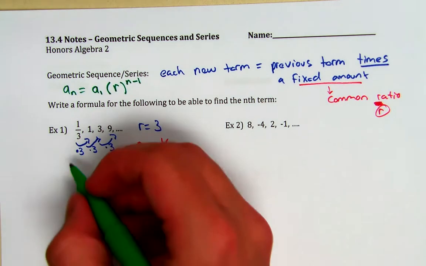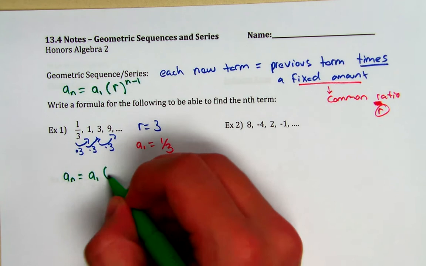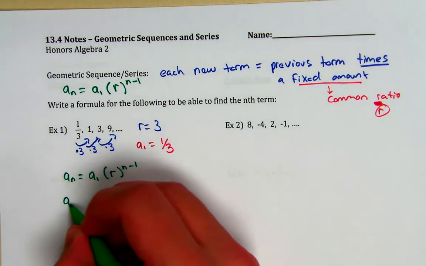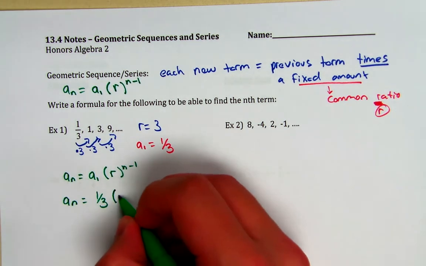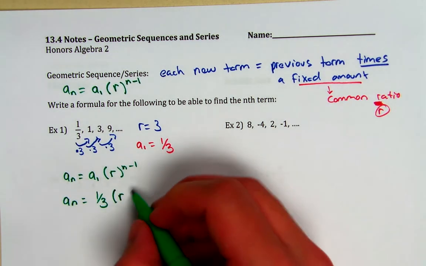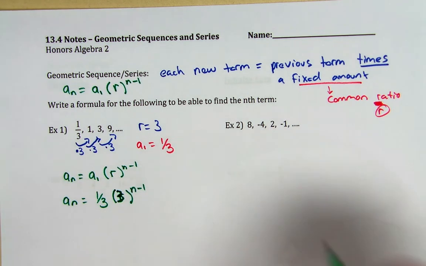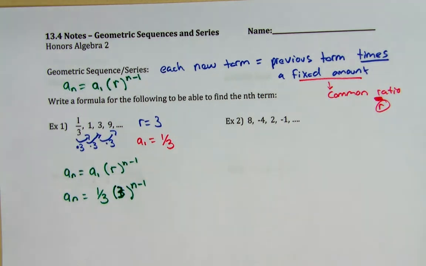So now I'm going to use my formula. A_n equals A_1 times R to the n minus 1. Well, A_n equals 1/3 times R, which R is actually 3, so let me just put 3 in there, to the n minus 1. Now, if you can easily simplify this, then you should.